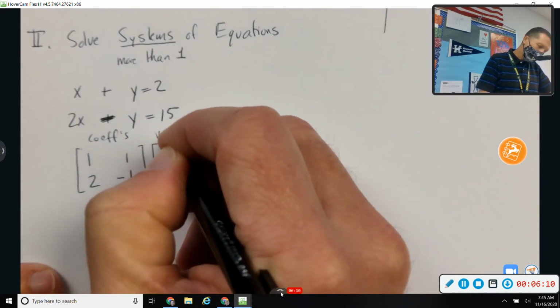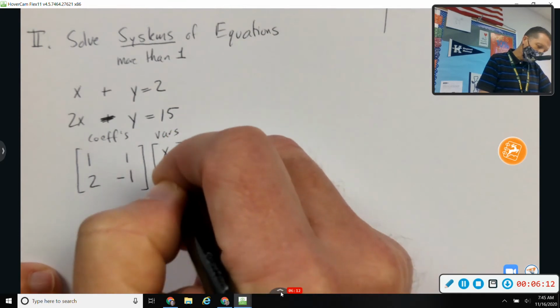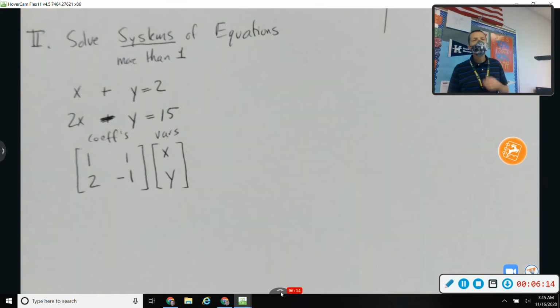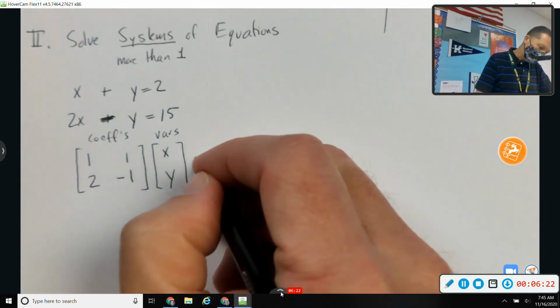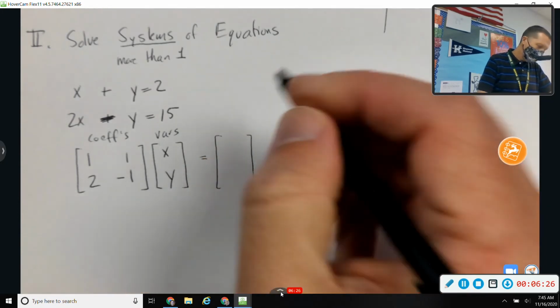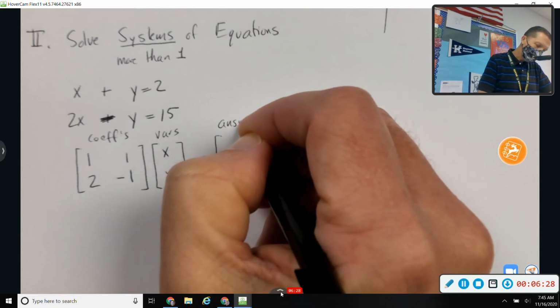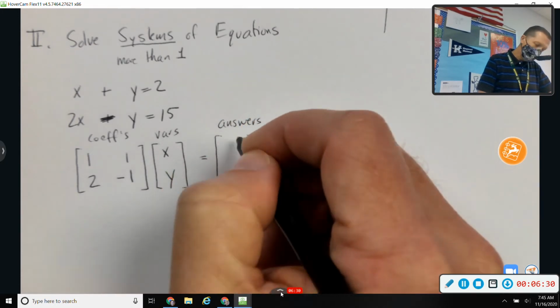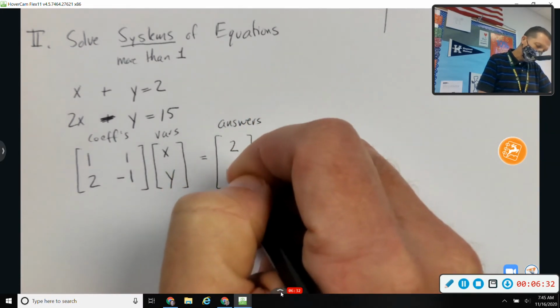The next matrix is the matrix of the variables, which is just x and y. We may do some with x, y, and z, or we will do some with x, y, and z. And then the last matrix, I don't know what to call it other than the answers, 2 and 15.